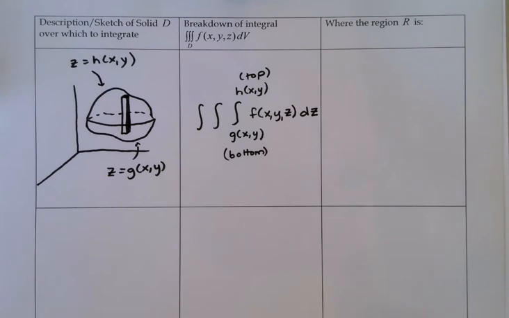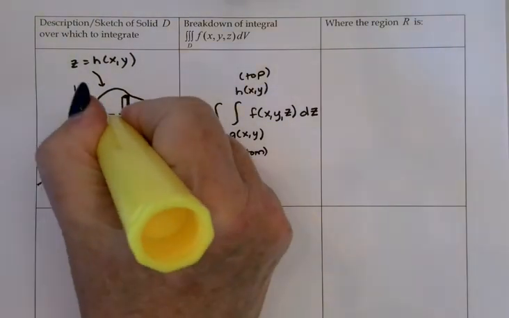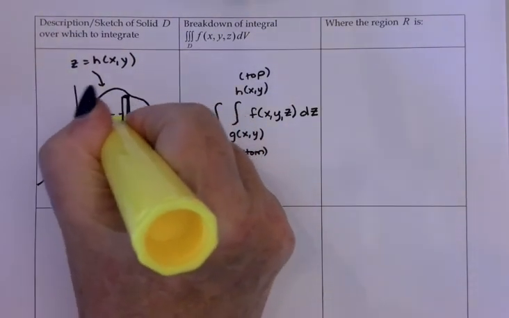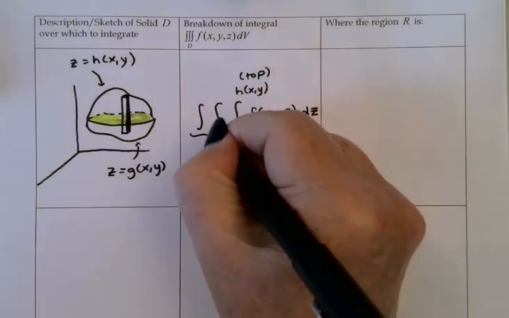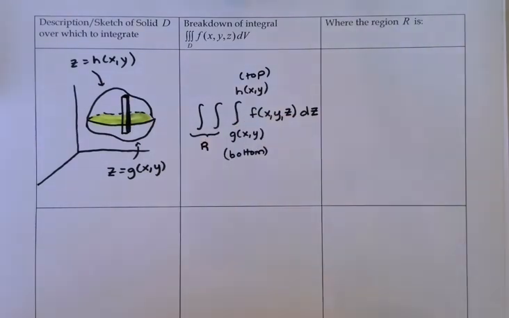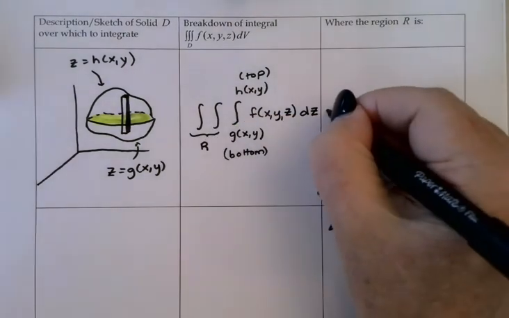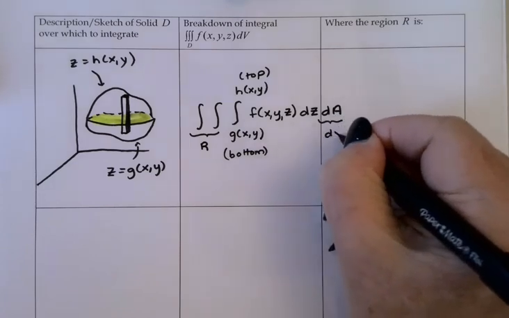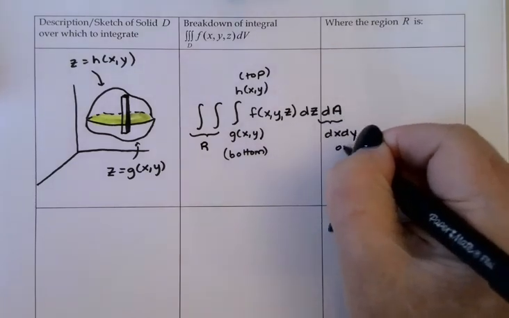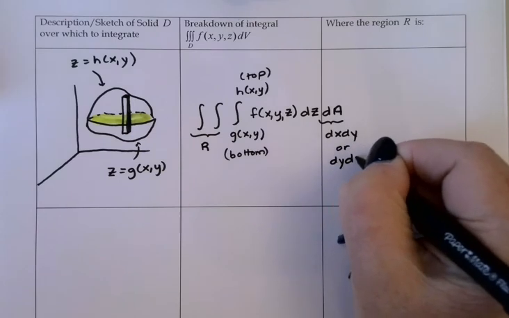These two surfaces then are going to intersect in a region which could be projected into the xy plane. So I'm going to call this the region R, and I have to integrate that dA, where the dA is either dx dy or dy dx.